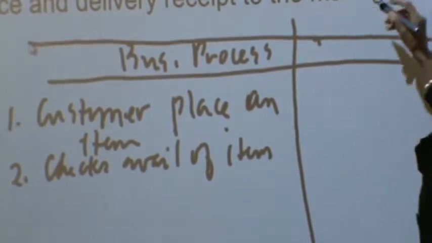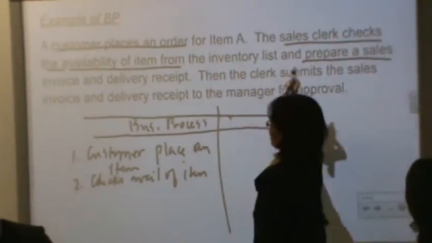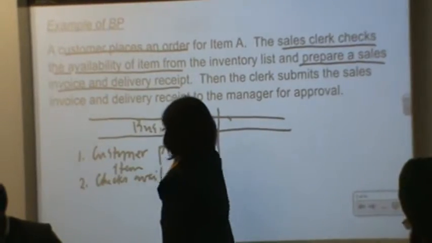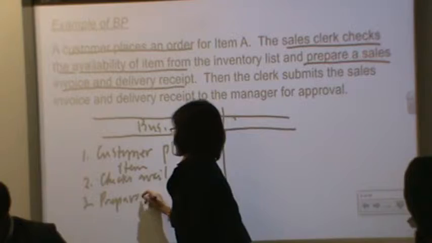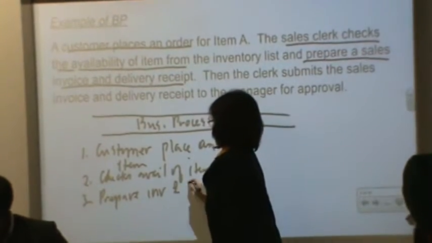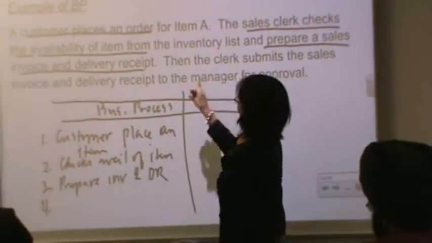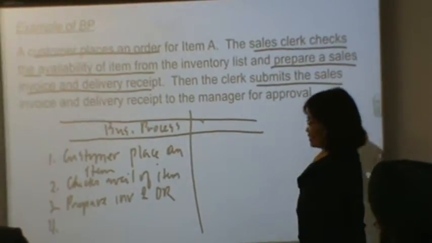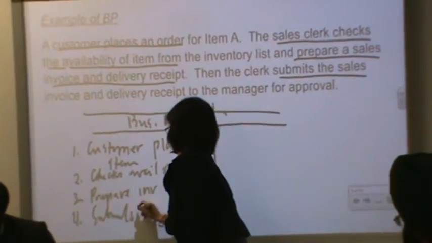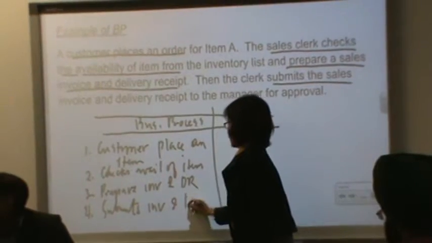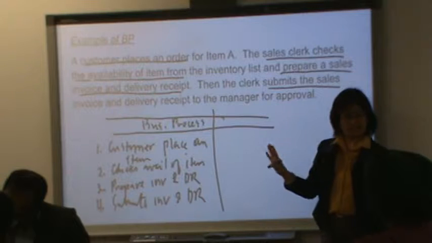The third step is prepare sales invoice and delivery receipt. And the fourth one is submit this to the manager. Okay, submit invoice and DR. Okay, that's how you analyze what are the activities.